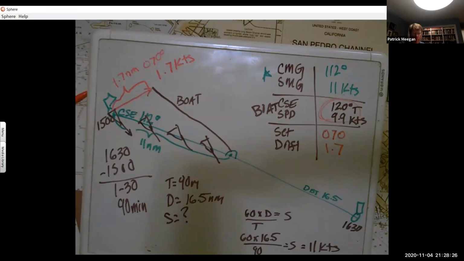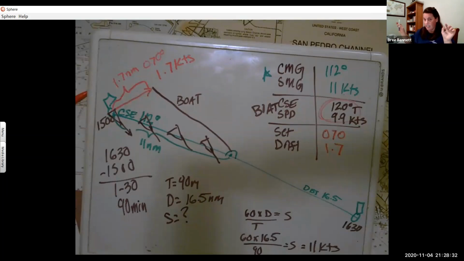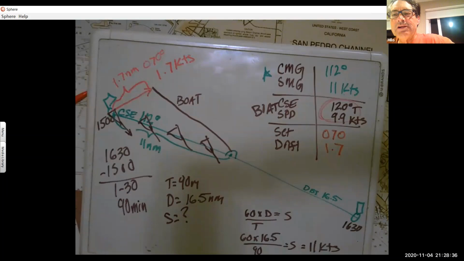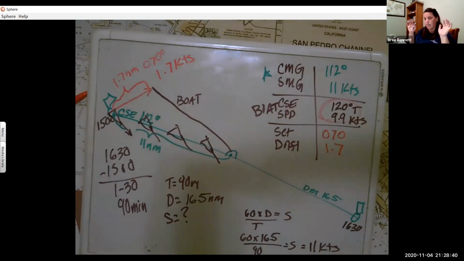But if you're plotting from buoy A to buoy B and you made a track line, that would be your made good line. So there's two differences there. I got it.